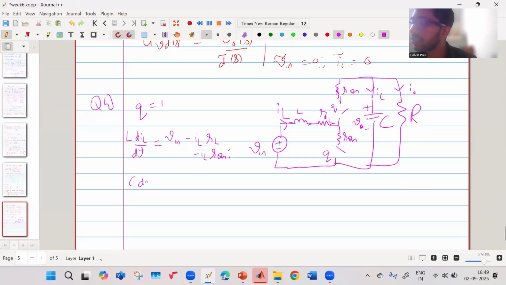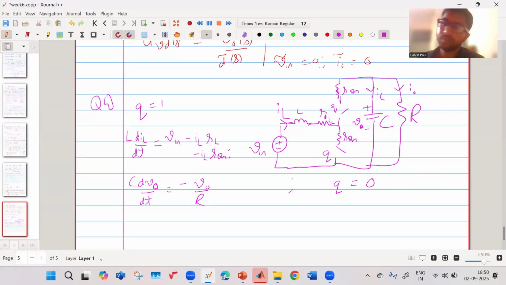What is my C dVc by dt? Minus I0, so minus V0 by R. When Q equal to 0, what is my equation?